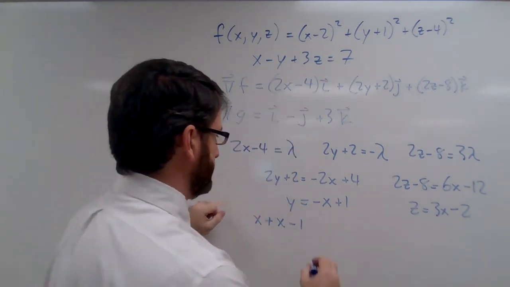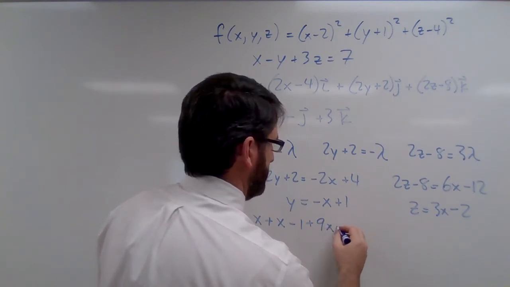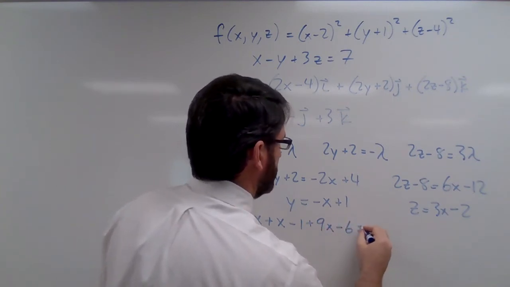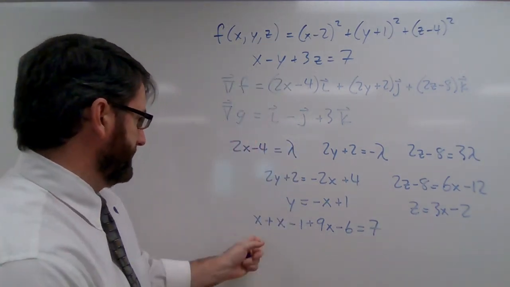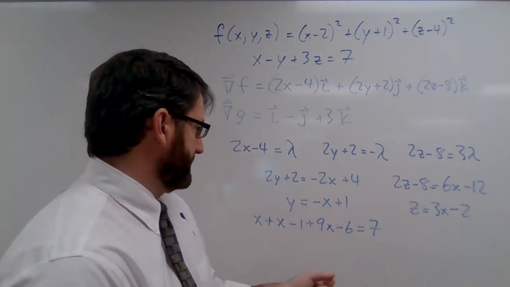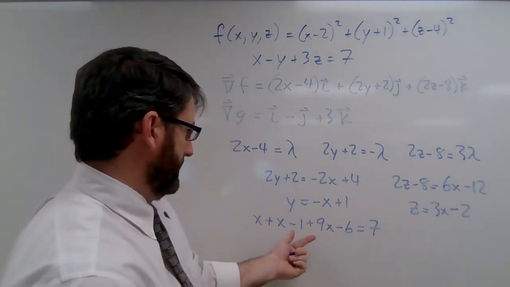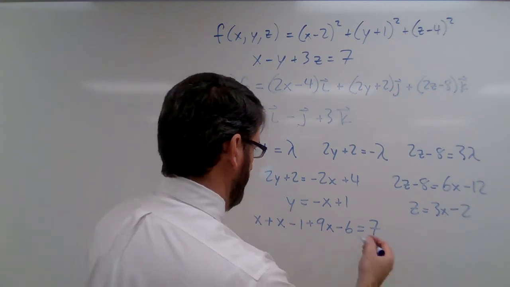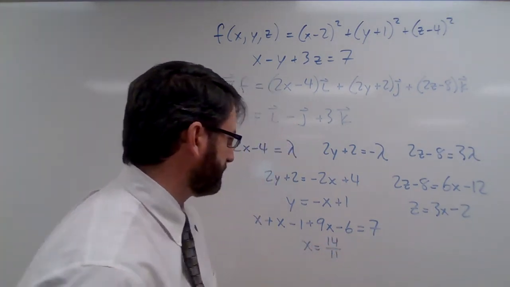And then plus 3 times this, so 9x minus 6 is going to be equal to 7. And so x plus x plus 9x is 11x is equal to 14. So x is equal to 14 over 11.